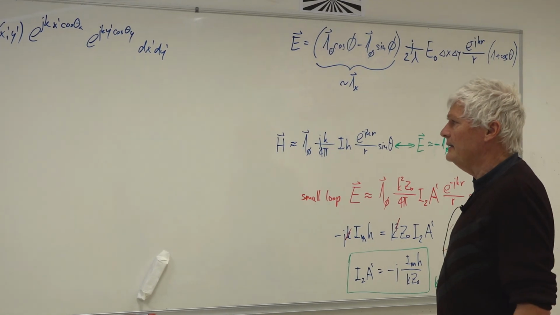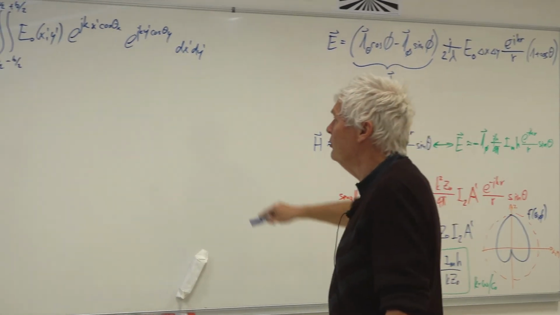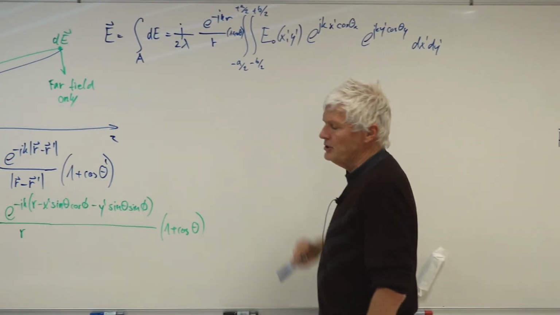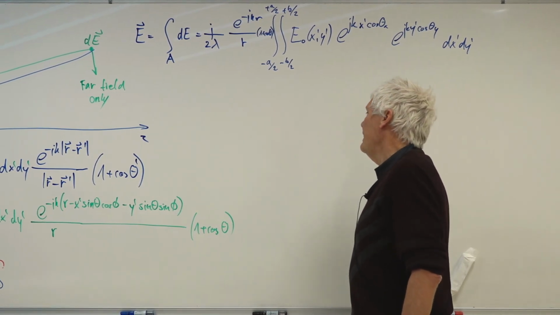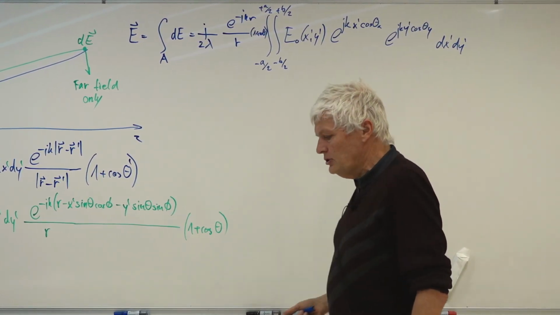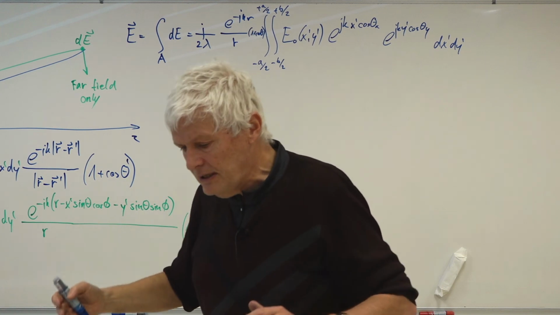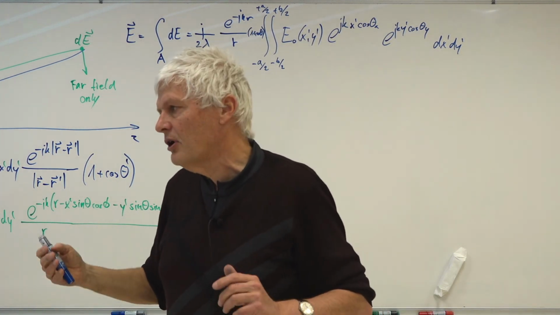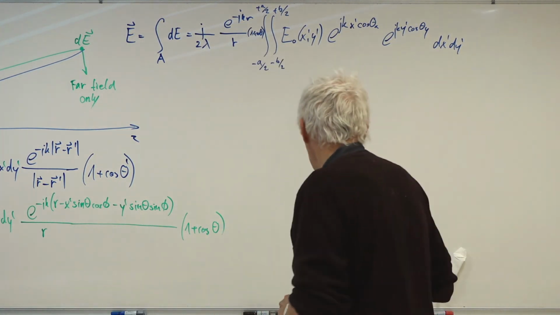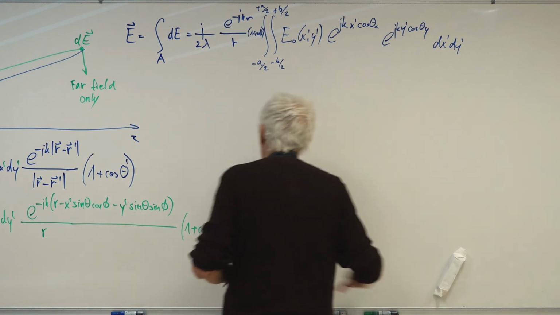What am I going to do right now? I have to assume some illumination pattern. And now the simplest thing to assume is that our aperture is constantly illuminated. I have constant illumination. So now assume our example.